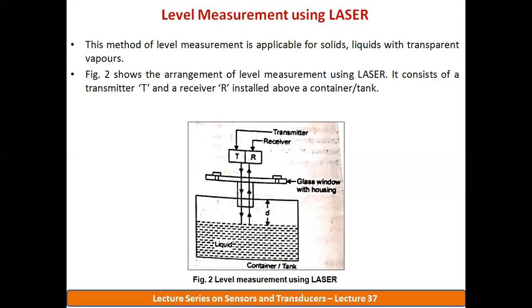The reflected beam of light travels and is received by the receiver. Now by calculating the time taken by the beam of light to travel by touching the surface of the fluid, we can find out the liquid level, correct?